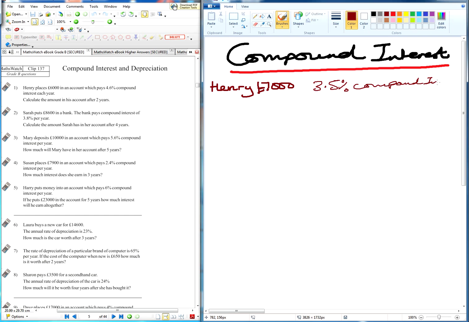We want to work out how much he will have in his account if he leaves it for 7 years. We're using the same question style, just changing the numbers for our example.